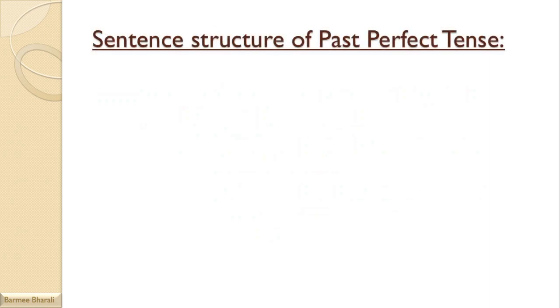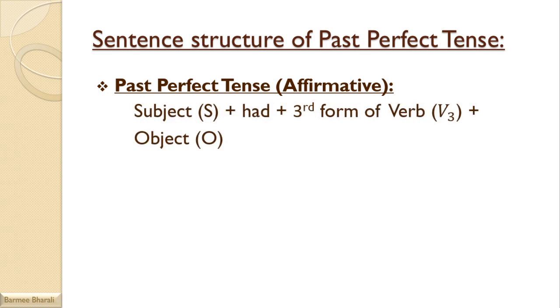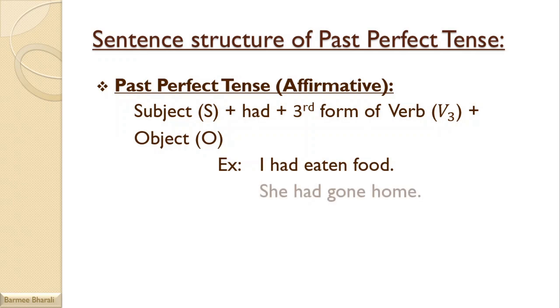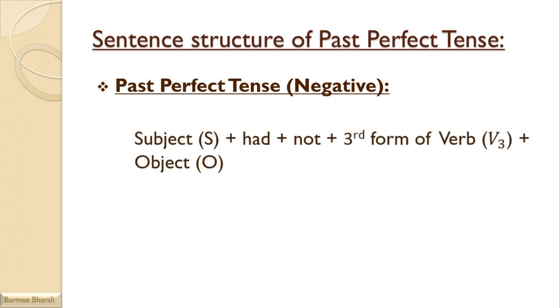Sentence structure of past perfect tense. Past perfect tense affirmative. Subject plus had plus V3 plus object. For example, I had eaten food. She had gone home. Past perfect tense negative.